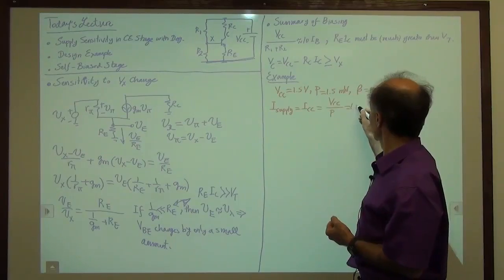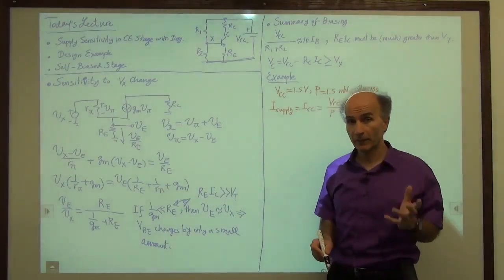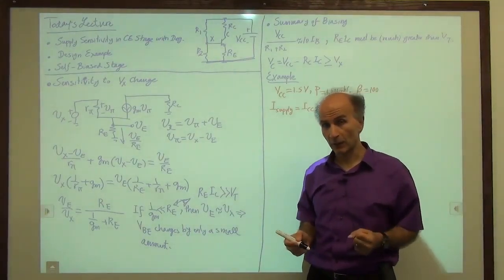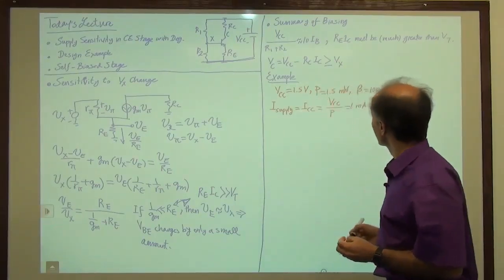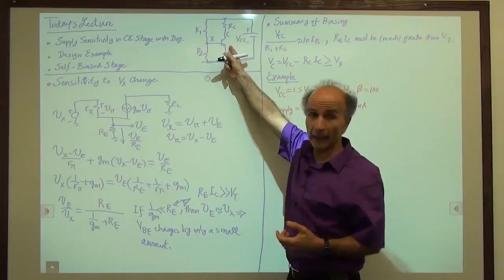So that's 1 milliamp. If we continuously draw 1 milliamp from the battery, the power consumption is 1.5 milliwatts. Okay. All right, so the total current that we can draw from the battery is 1 milliampere.